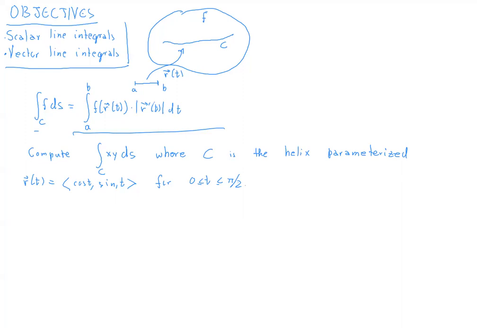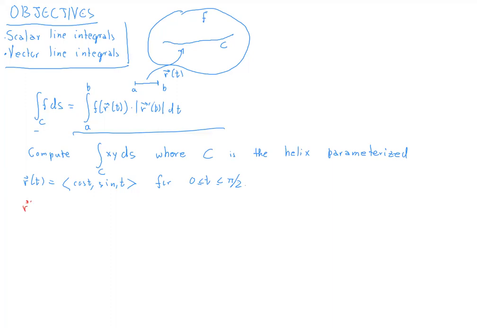And in order to apply this formula, what we need is to find the speed and find also the pullback of the function f onto the interval of the parameterization. So let's begin with the speed.